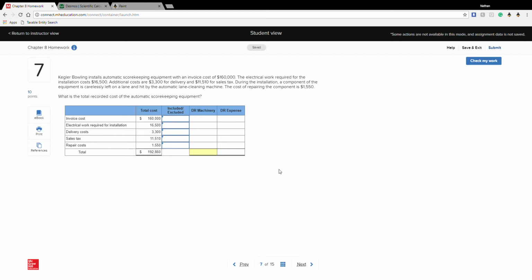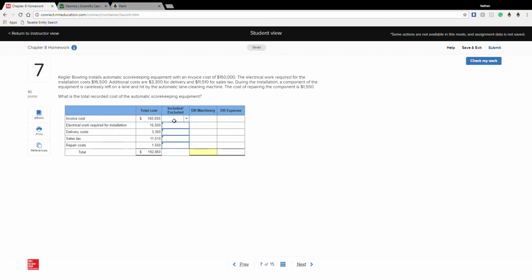Basically, what are we including or excluding from the capitalized cost? How much did it truly cost us to get this machine ready to set up and go?